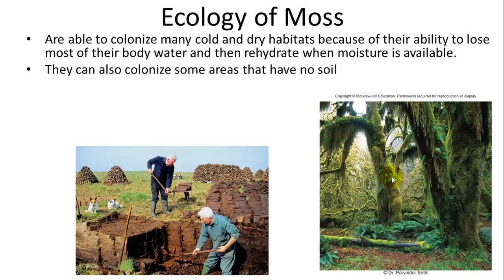They are also one of the only organisms that can colonize areas that don't have any soil, so they can colonize bare rock, and you'll find them on cement and on rocks all the time.